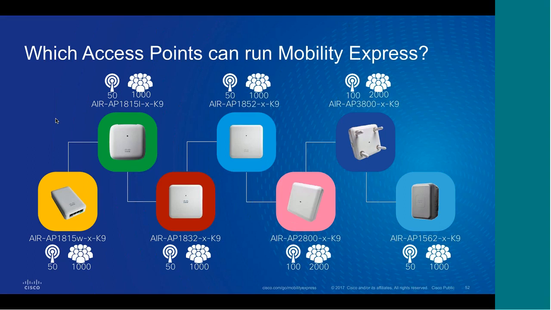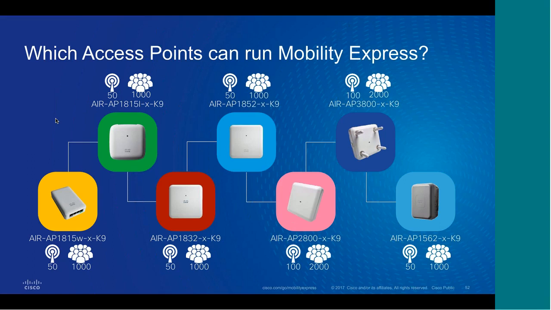Before, for a small deployment, you deployed autonomous APs. That was a great deployment, but it only allowed you to get user connectivity. You weren't able to take advantage of all of the advanced features that you could with a controller-based system. And then as your network grew, you could deploy a controller-based system.